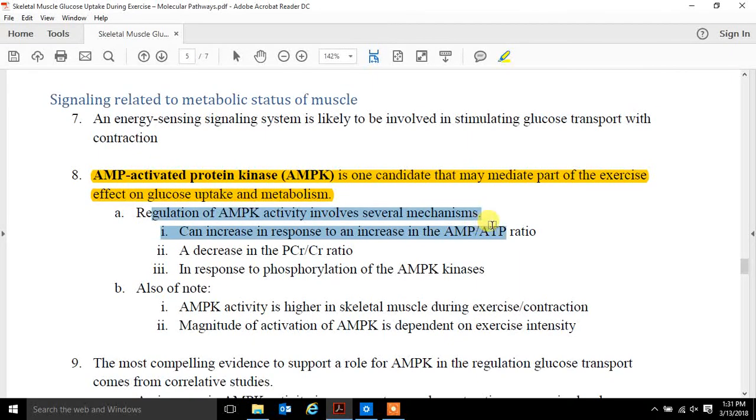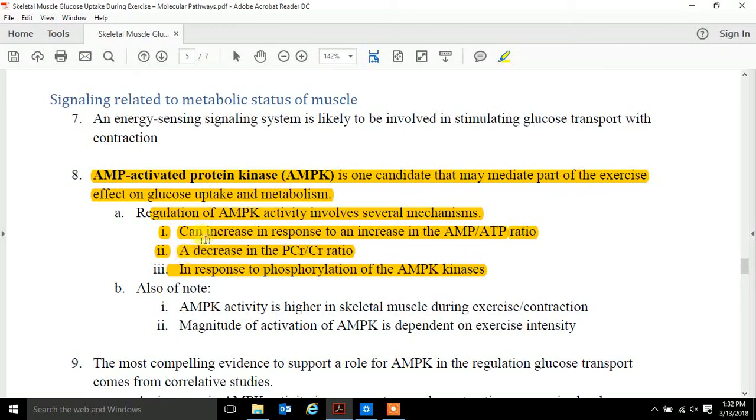Well, it can increase in response to the increases in the AMP, so adenosine monophosphate, to ATP ratio. It's going to respond to a decrease in the PCR creatine ratio. And in response to phosphorylation of AMPK by AMPK kinases.